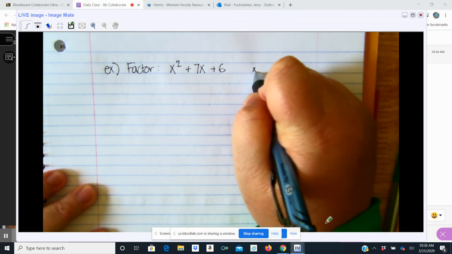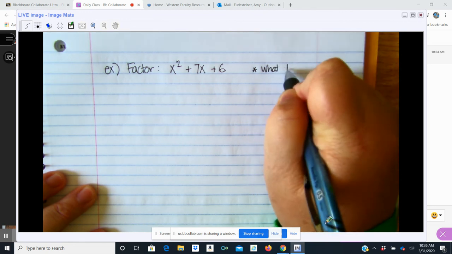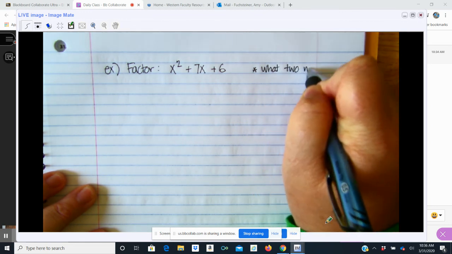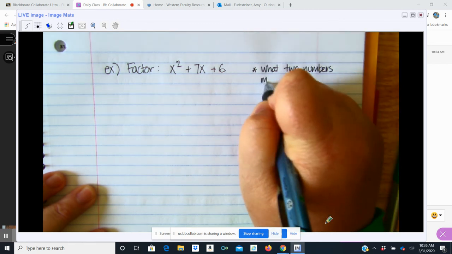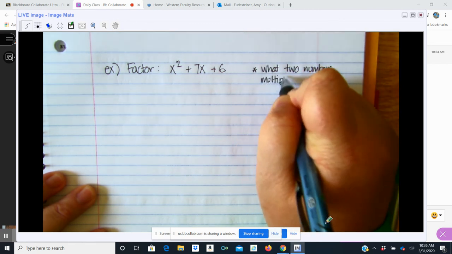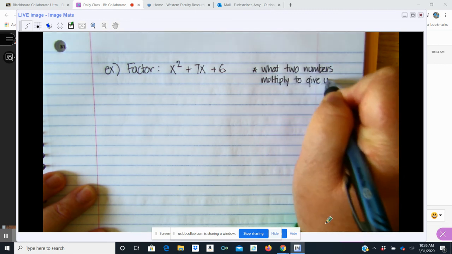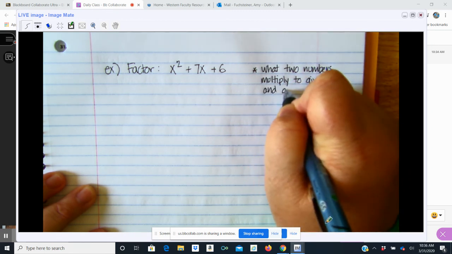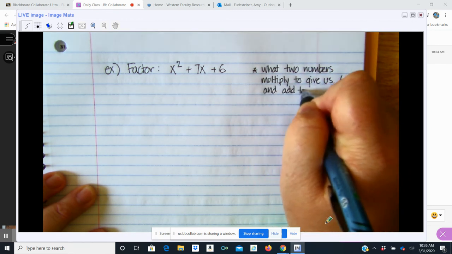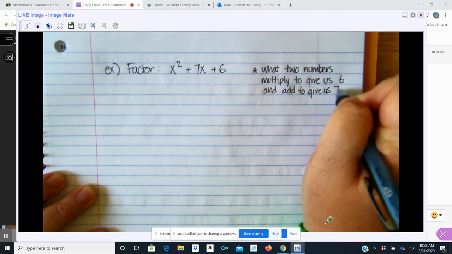Here's the question we have to ask ourselves. What two numbers multiply to give us 6 and add to give us 7?